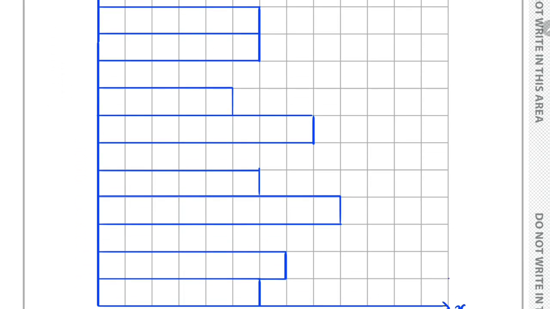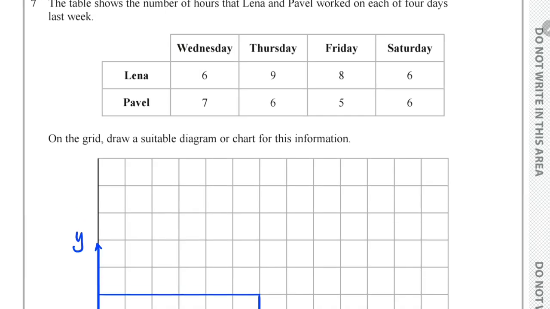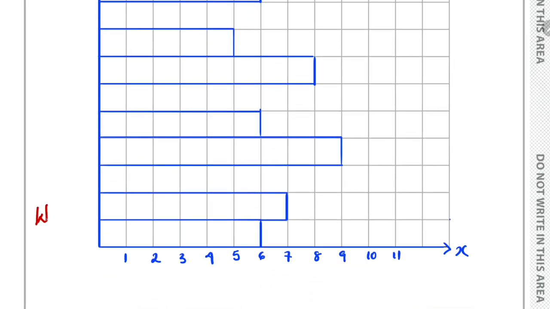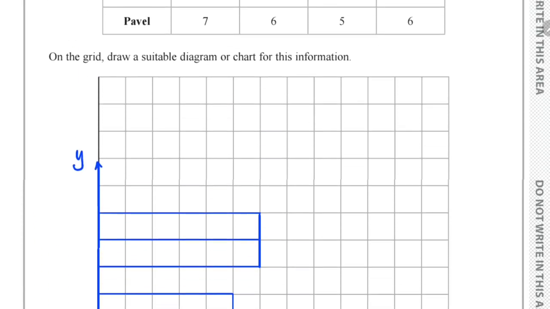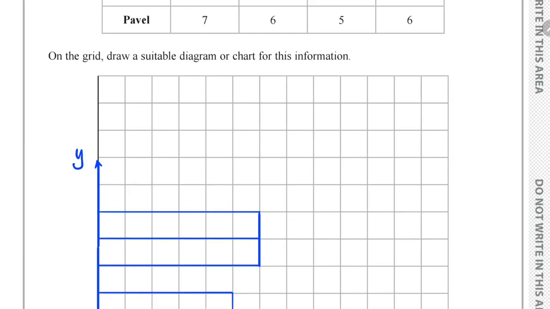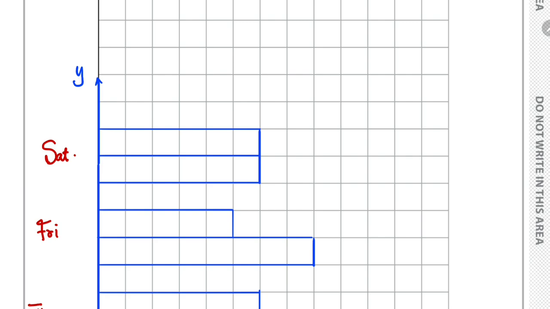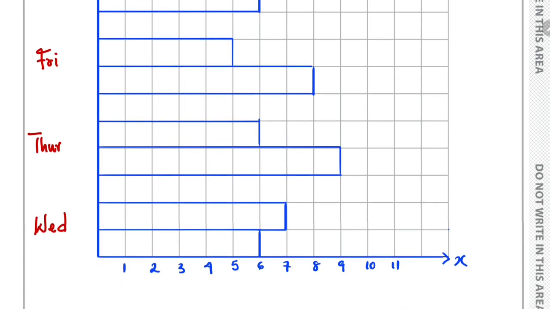So I've completed the bars, so let me check. The first day is Wednesday, so here is going to be my Wednesday, right? Then the second day is Thursday, and the third is Friday. Then, of course, we have Saturday, right?